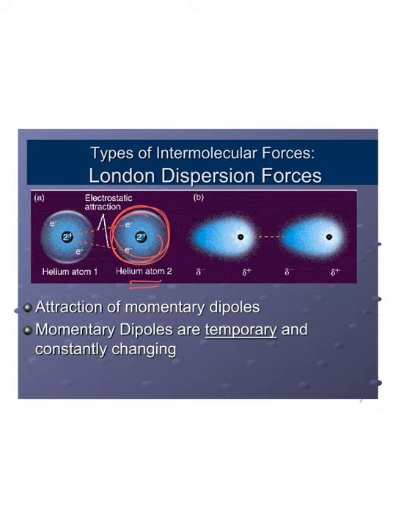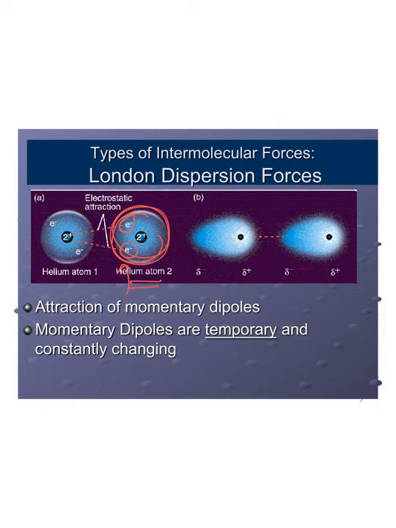But because these are moving and they're random motions within this orbital, at any given point, the 2 electrons might end up on one side of this electron cloud versus another. And so at that instantaneous point, this end of the helium atom is going to be slightly negative, isn't it?